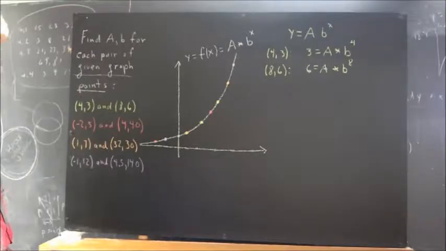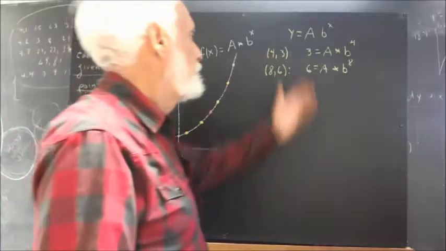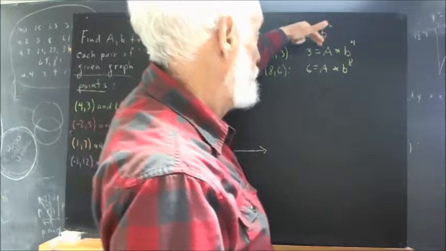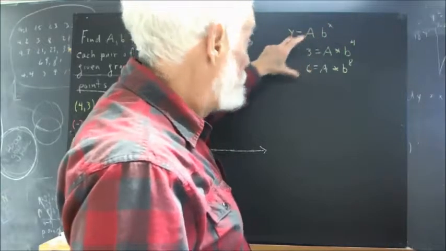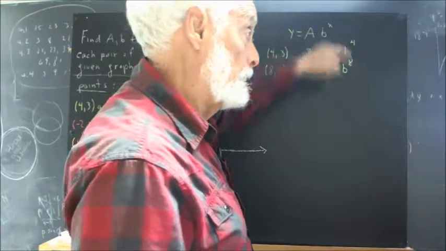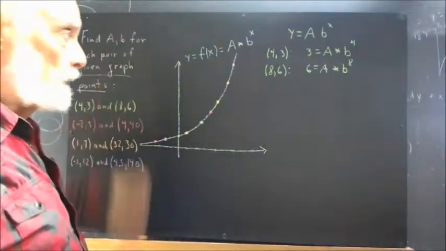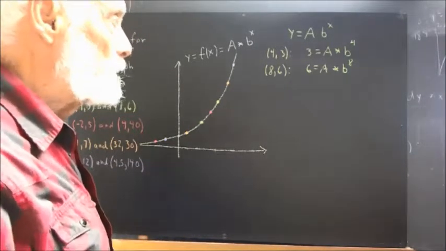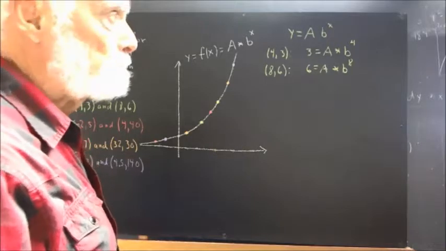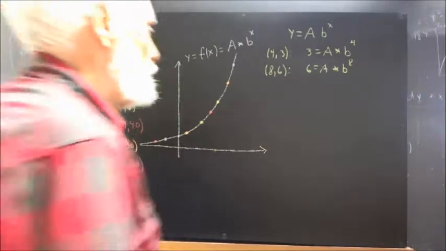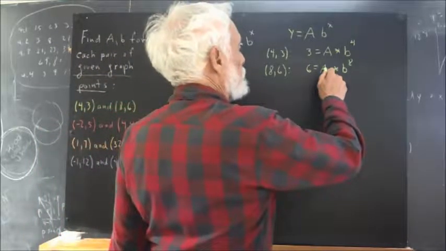Okay? Now, we can solve these 2 equations for a and b because we have 2 equations with unknowns a and b. Now there are 2 methods that we can use. We have substitution, or we can divide one equation by the other. I think I'm going to illustrate both.